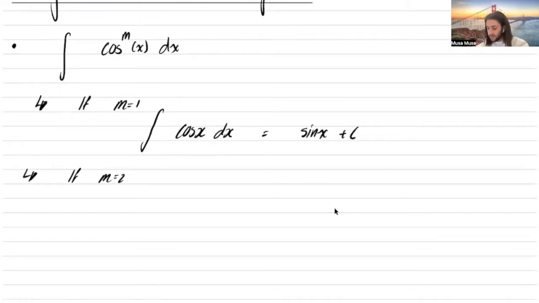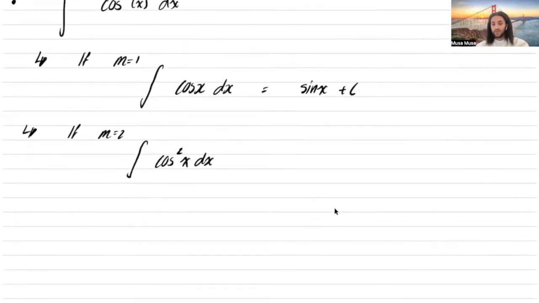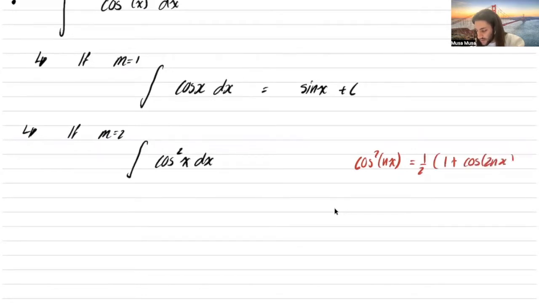Okay, if m equals 2, then you have the integral of cos to the power of 2 x dx. To evaluate this, we say, oh, I have that one rule on my reference sheet, and it says cos squared nx equals a half of 1 plus cos 2nx. That comes from the double angle formulas, just rearranged.